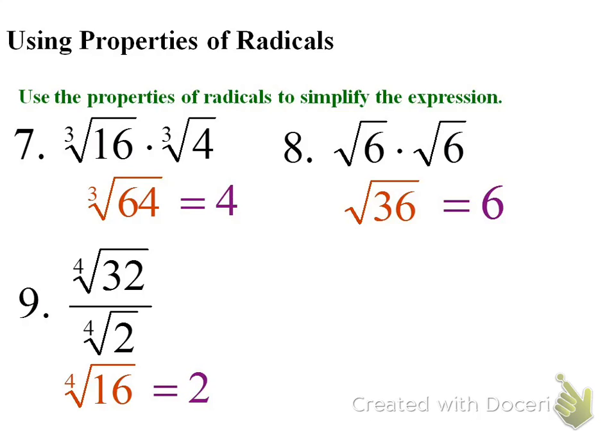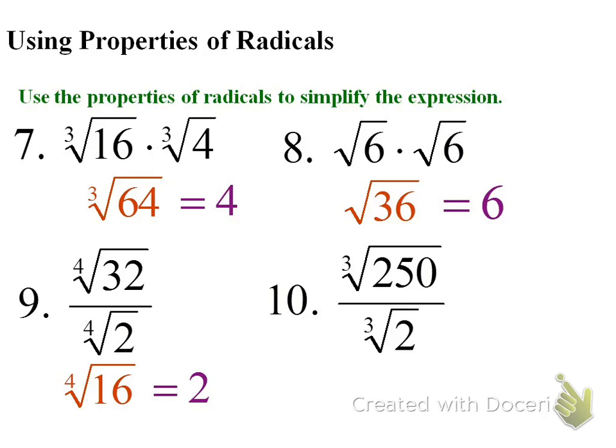That's when, again, if you wanted to put the plus or minus, that would be appropriate in this case. You can go ahead and divide the radicands here because they have the same index. It would be the cubed root of 125, which is 5.